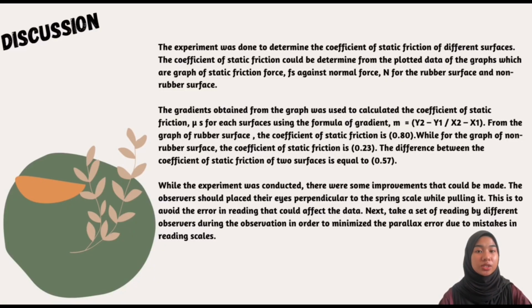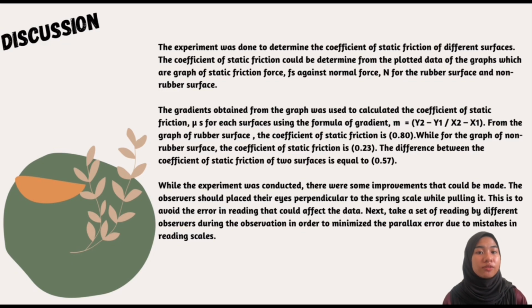Now we move to the discussion. The experiment was done to determine the coefficient of static friction of different surfaces. The coefficient of static friction could be determined from the plotted data of the graph of static friction force against normal force for the rubber surface and non-rubber surface. The gradients obtained from the graph were used to calculate the coefficient of static friction for each surface using the formula of gradient, m equals y2 minus y1 over x2 minus x1.